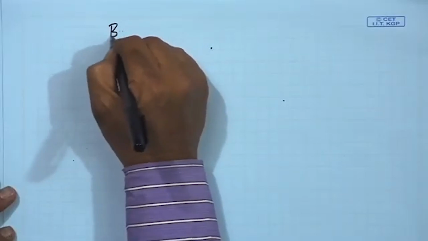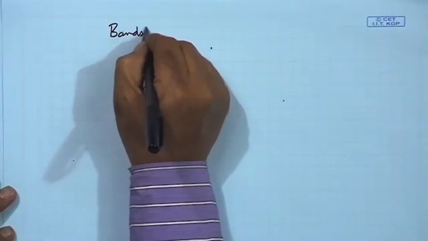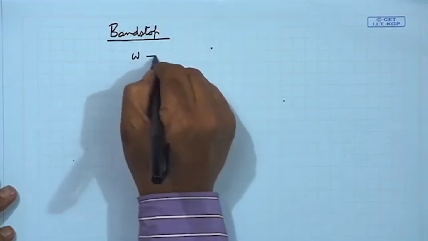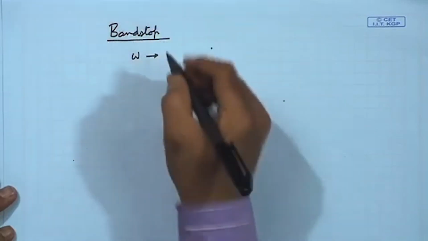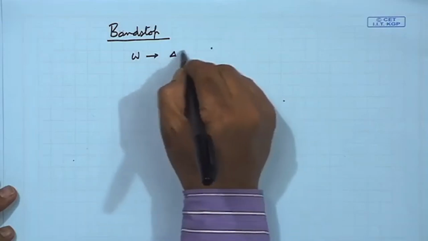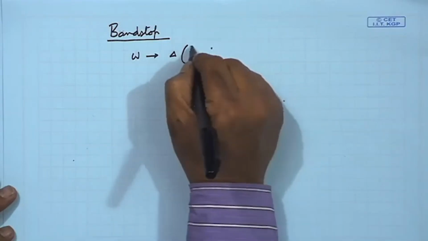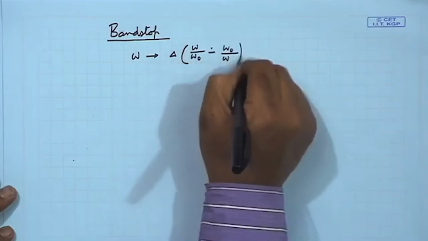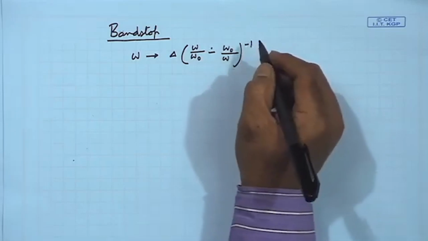So, this is the band pass transformation. Now, I am giving the band stop transformation. In band stop, we have the inverse of this: there it was 1 by delta, here it is omega by omega naught minus omega naught by omega to the power minus 1.